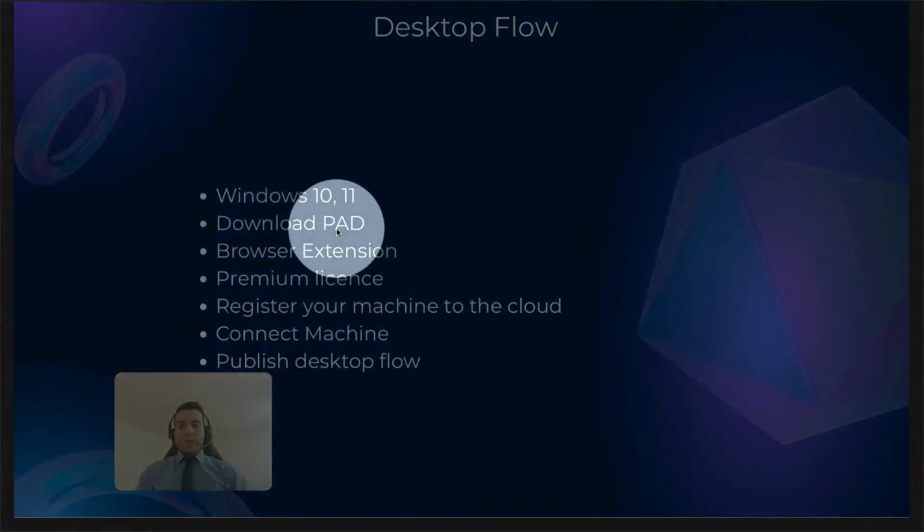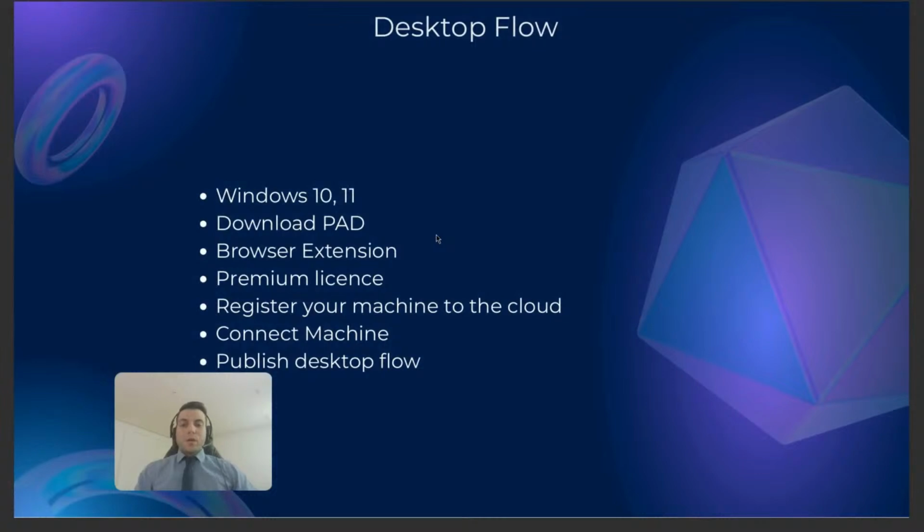We'll name it PAD from now on. Or we can download the PAD, or ask our IT support from our company to download and activate it for us. We need a browser extension if we use the browser to run our application.